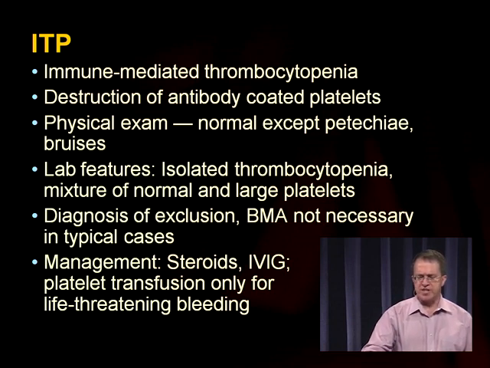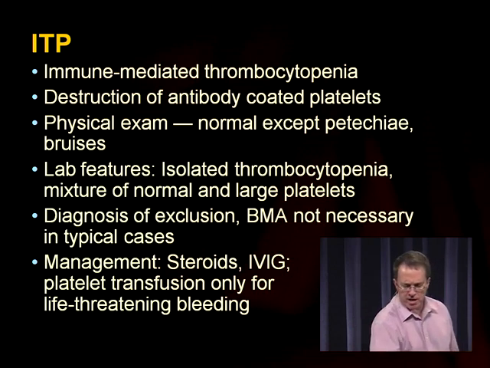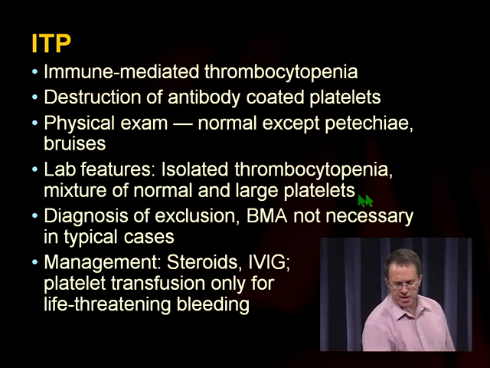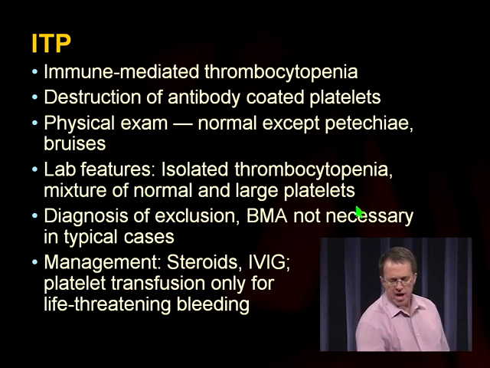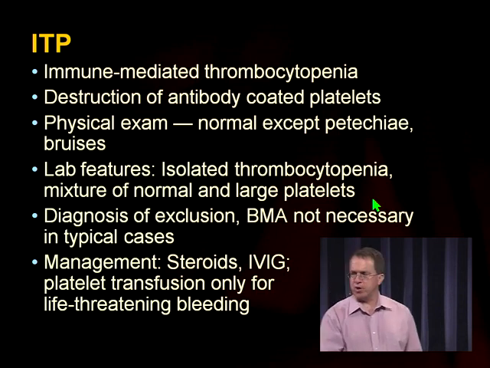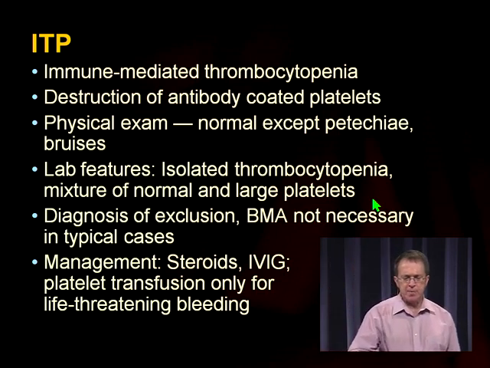The physical exam is usually normal except for petechiae, bruising, gum bleeding. Lab features: isolated thrombocytopenia, isolated thrombocytopenia. And the MPV, what does MPV stand for? Mean platelet volume is going to be high. So, if you see something like 11 or 12, those are large young platelets.